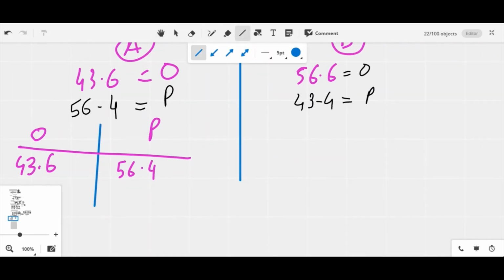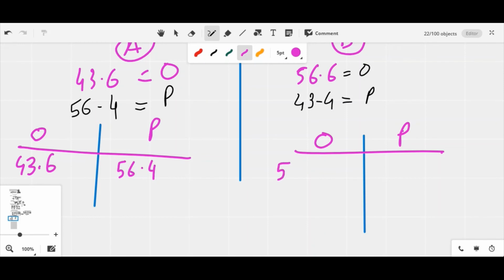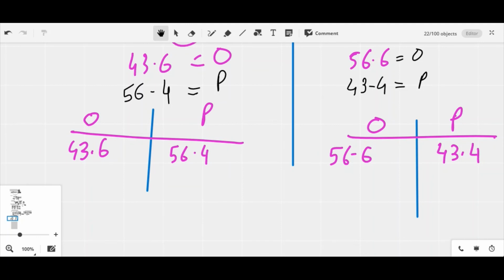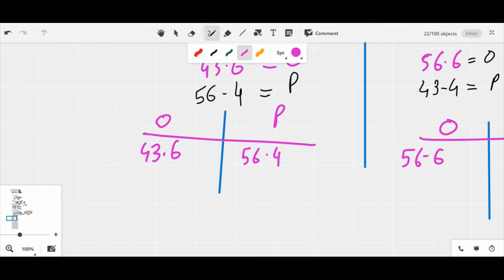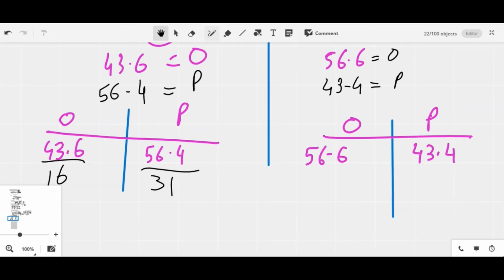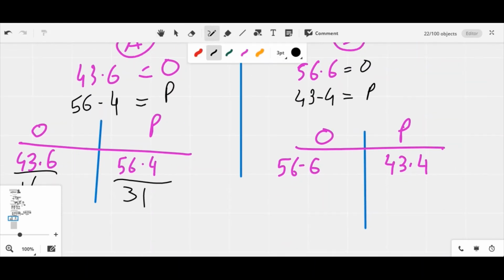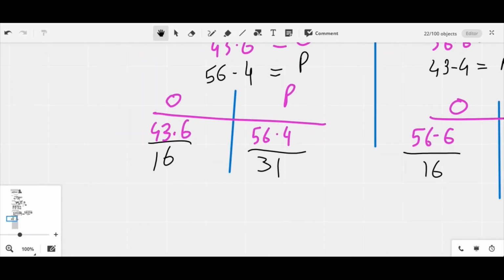In the second one, the oxygen is 56.6 while the phosphorus is 43.4. As we know, the atomic mass of oxygen is 16, so we divide by 16 here, and the atomic mass of phosphorus is approximately 31, so we divide by 31 here.